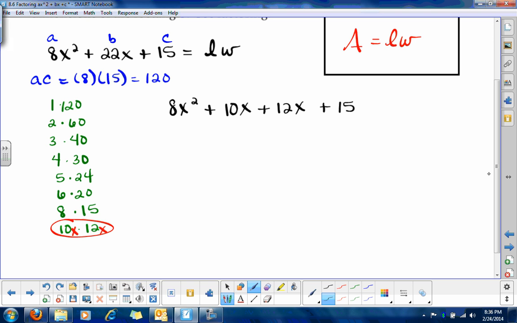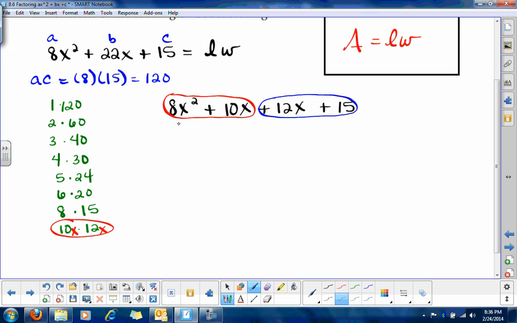I'm going to put the 8x squared together with the 10x, and we'll put the 12x together with the 15.